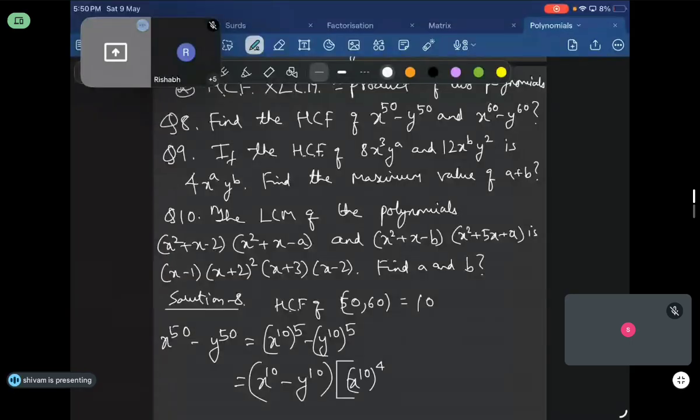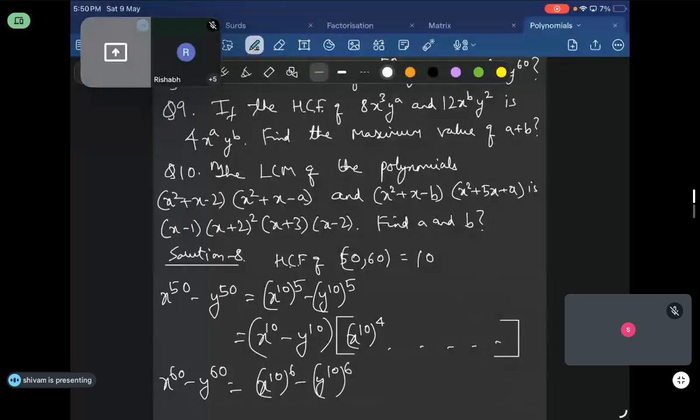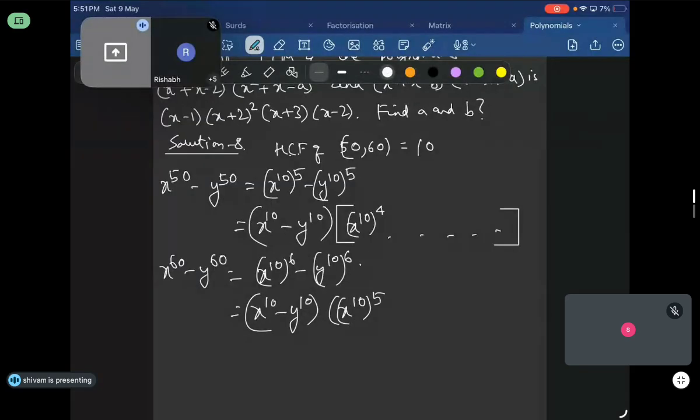Next, similarly x power 60 minus y to the power 60, can I write it as (x power 10) whole to the power 6 minus (y to the power 10) whole to the power 6? Can I write it as (x power 10 minus y to the power 10) into ((x power 10) whole to the power 5 plus (x power 10) whole to the power 4 into y to the power 10 plus dot dot dot dot)?